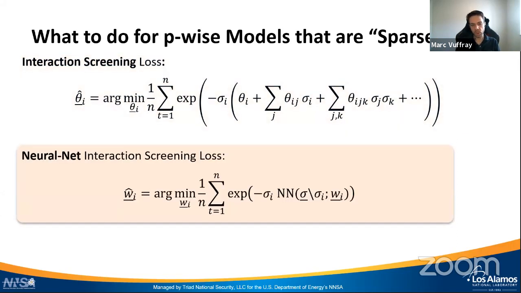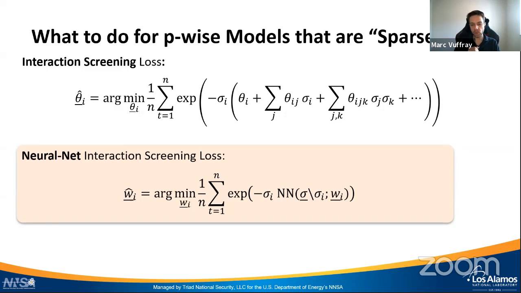So the thing we tried experimentally is to replace this complicated polynomial with just a neural net. You see that at the top, the interaction screening loss involves one special variable, sigma i, of which you want to reconstruct the neighborhood, and the rest of the polynomial is its relationship with its neighbors.